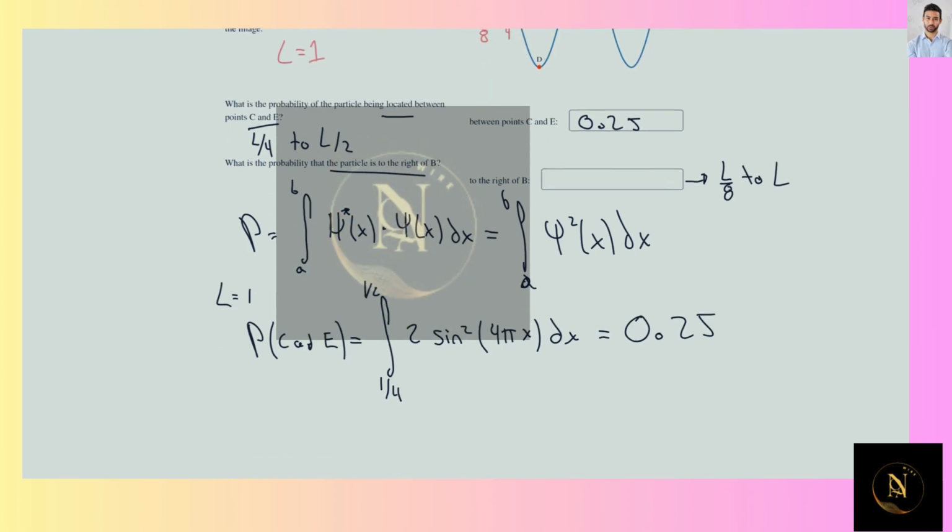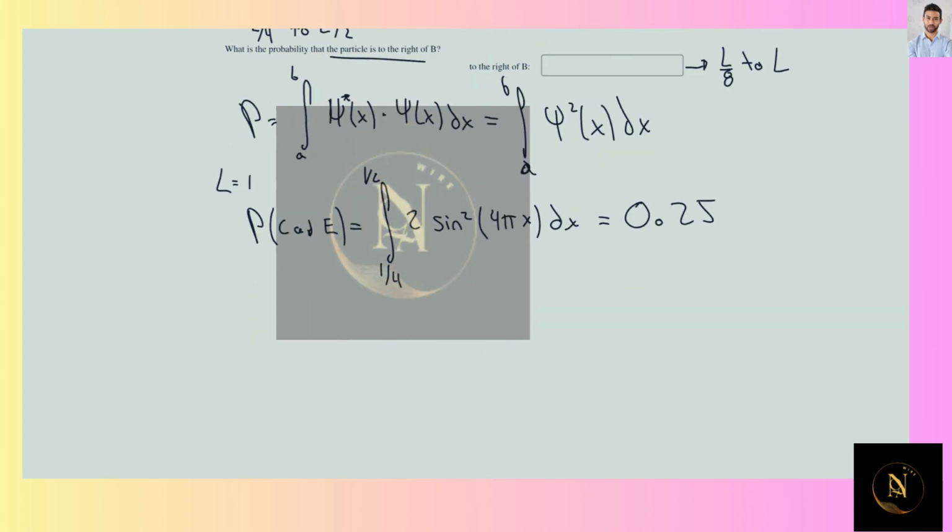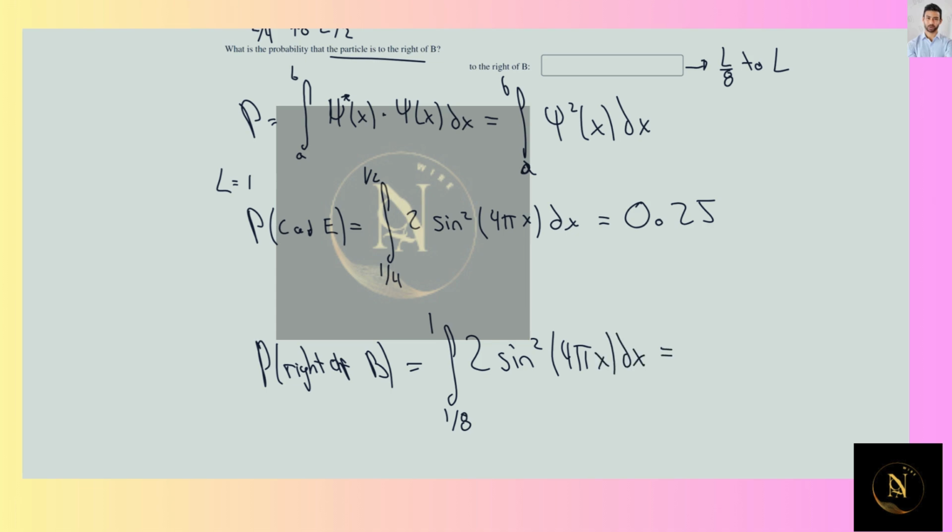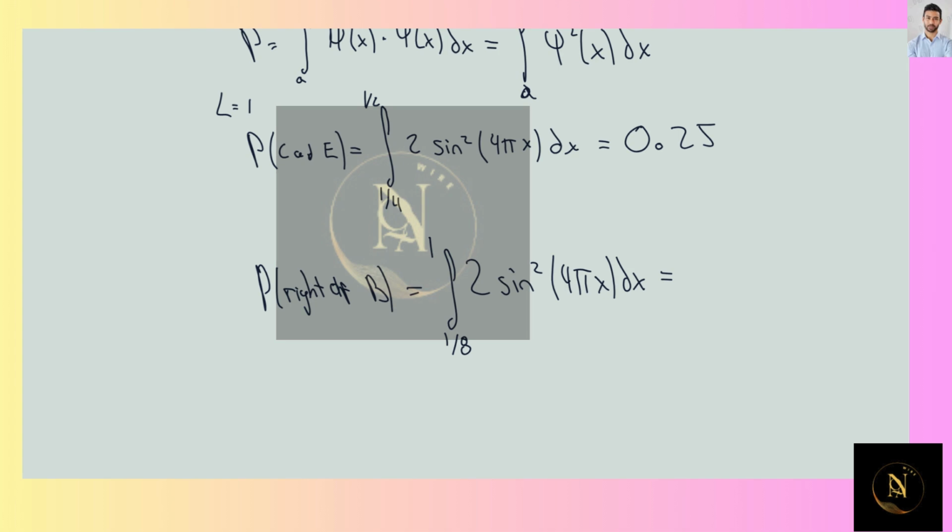So the probability to the right of B is equal to the integration from 1 over 8 to 1 of the same function, 2 times sine squared of 4 pi x, dx, which I will leave to you to do. In this case it gives us 7 over 8.